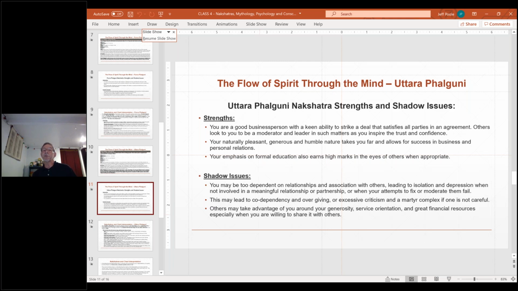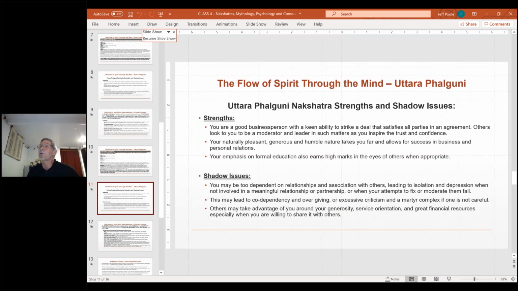So what you'll see in Uttara Phalguni, if it's in the first section of Virgo, is a lot of people focusing on higher education.